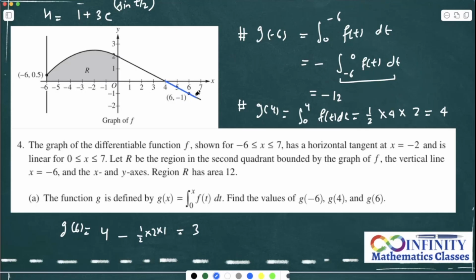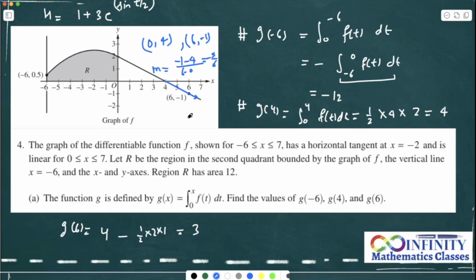That is going to be the answer. If it is passing through the points (0, 4) and (6, -1), and I ask you the slope, that is f prime of 6, y2 minus y1 divided by x2 minus x1, it is negative 5 by 6.